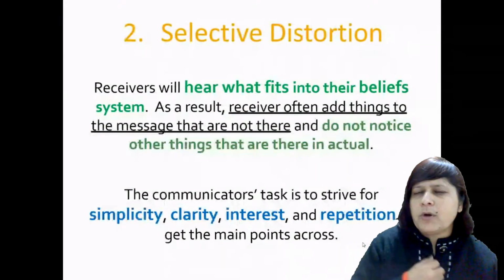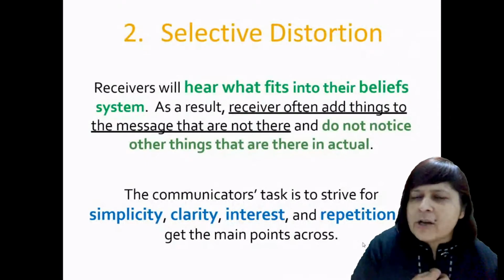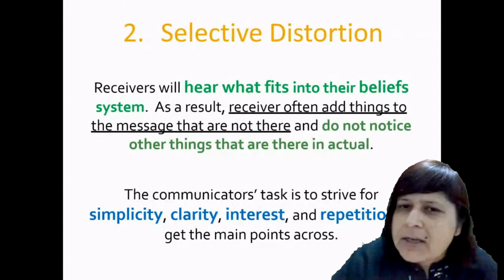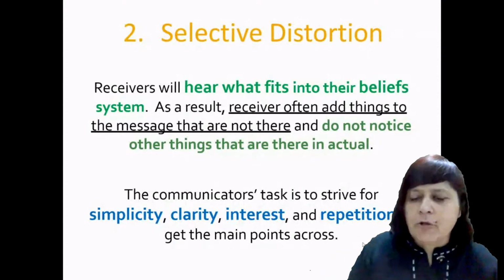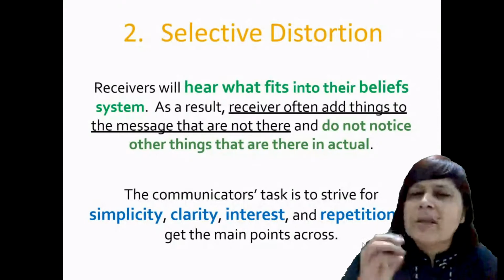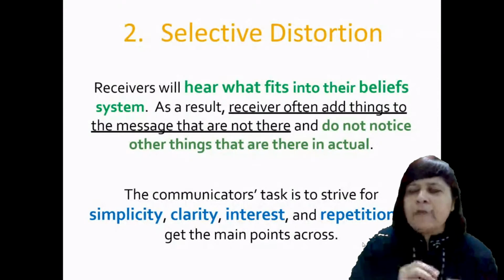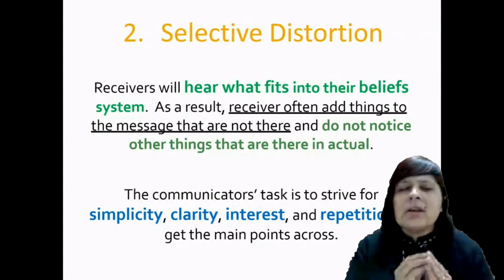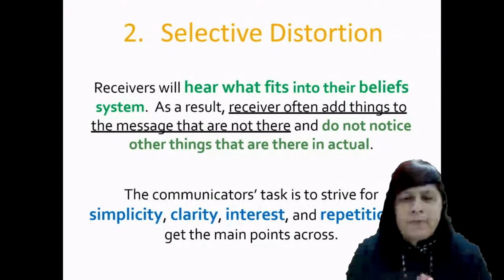I perceive what I want to perceive, what fits into my belief system. So it is the responsibility of the sender or the communicator to strive for simplicity. You should provide the information in a simpler way. There should be clarity in the message.